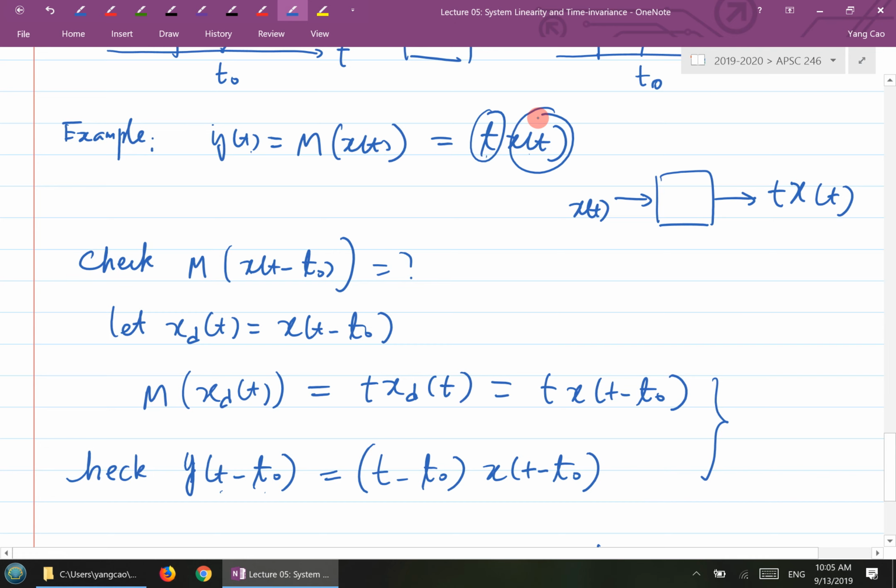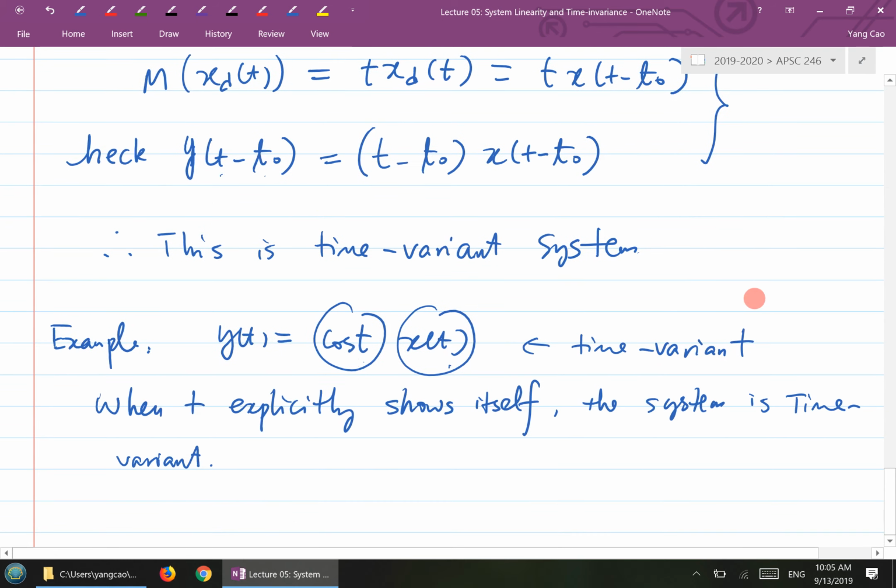This is your input, that's also a time function. But this one here is a time function that's not part of the input. So the statement here is, as long as you see an expression here times this, for example, it's not part of the input, but it's a time function, and chances are this is going to be a time varying system.